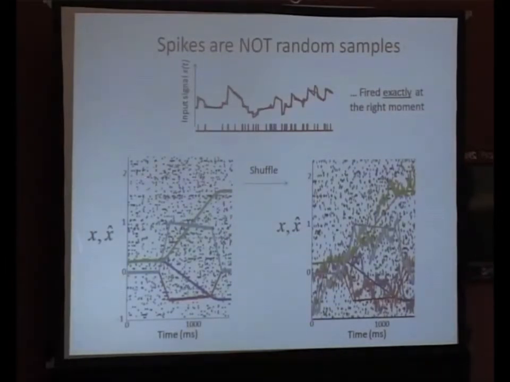Okay. So if, for example, you take this network here, and instead of using the spike trains recorded in a single trial, you take a different spike train from a different trial. So basically, if you have 100 neurons, you do 100 trials, and you take neuron 1 from trial 1, neuron 2 from trial 2, neuron 3 from trial 3.